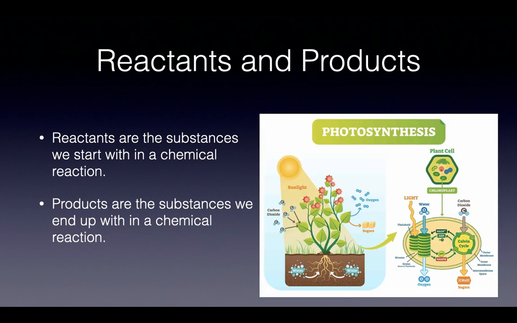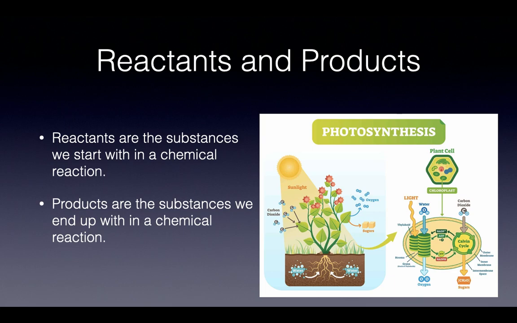Something that we've all heard about since we were little kids, probably about 4th grade science, is photosynthesis. Well, photosynthesis is just a chemical reaction that occurs when you input carbon dioxide, sunlight, and water. You get out oxygen and sugars.